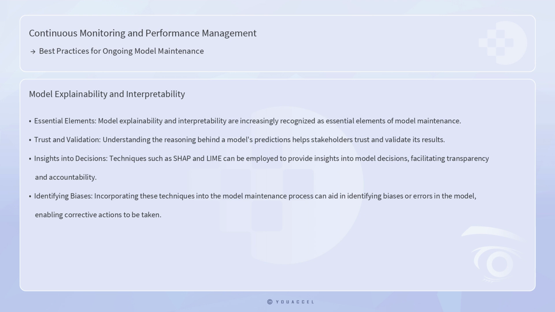Understanding the reasoning behind a model's predictions helps stakeholders trust and validate its results. Techniques such as SHAP and LIME can be employed to provide insights into model decisions, facilitating transparency and accountability. As noted by Ribeiro et al., incorporating these techniques into the model maintenance process can aid in identifying biases or errors in the model, enabling corrective actions to be taken.